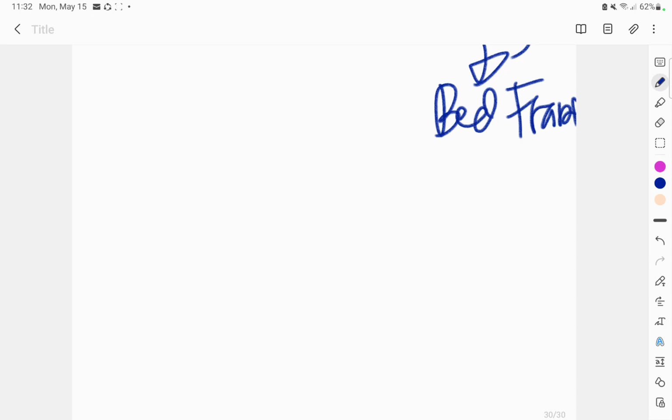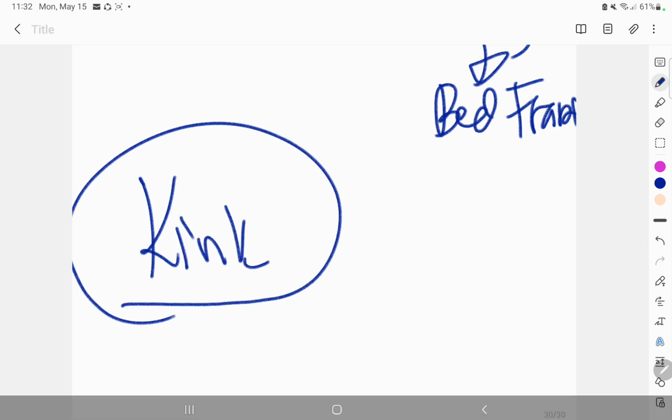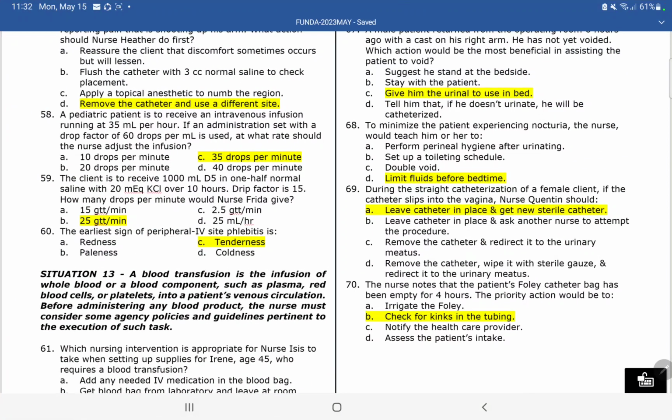The time to make the bladder becomes full, it takes 2 hours. No? Pwede mo na siya ikanapod. Pero pag 4 hours na nga wala may na-drain dito sa bag, check for the what? Kink. Okay? Baka na-kink ang tube or the rubber tube.